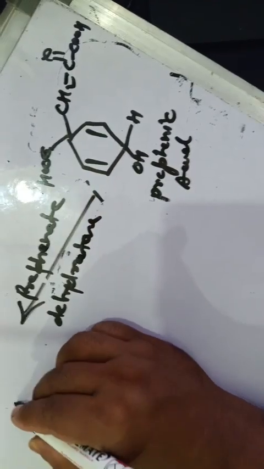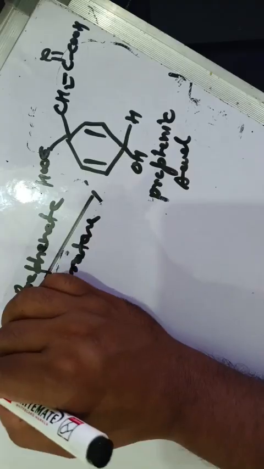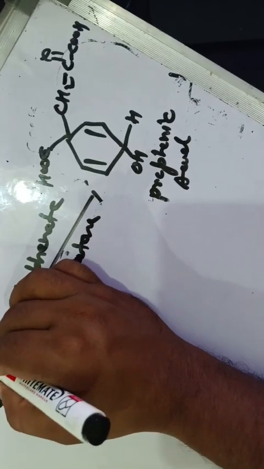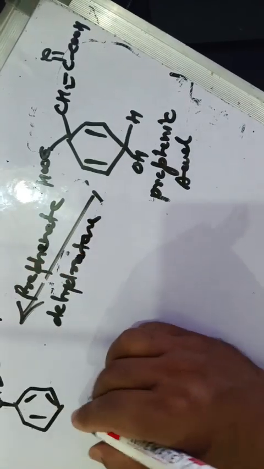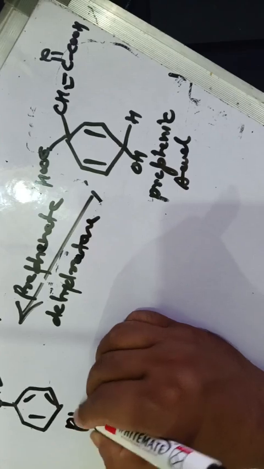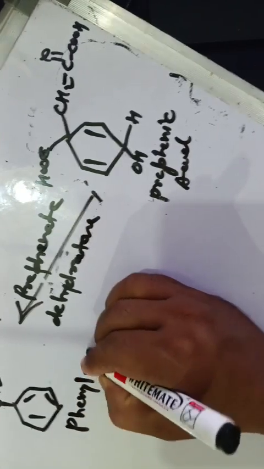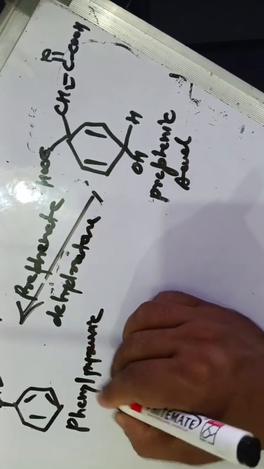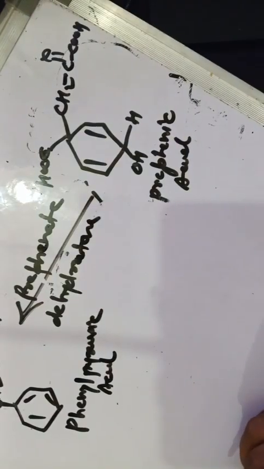The structure is CH2, C double bond O, COOH. This is phenylpyruvic acid.